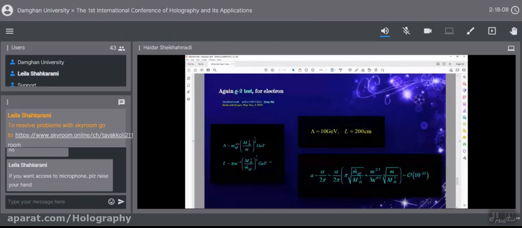For the G-2 theoretical results, in my approach, and based on the results appearing in slides 13 and 14, lambda and L show a different behavior compared to the results of the CKN, I mean Cohen, Kaplan and Nelson papers.